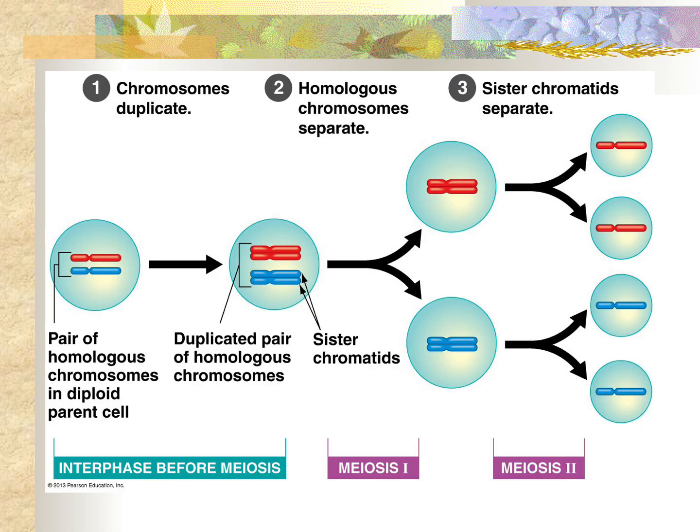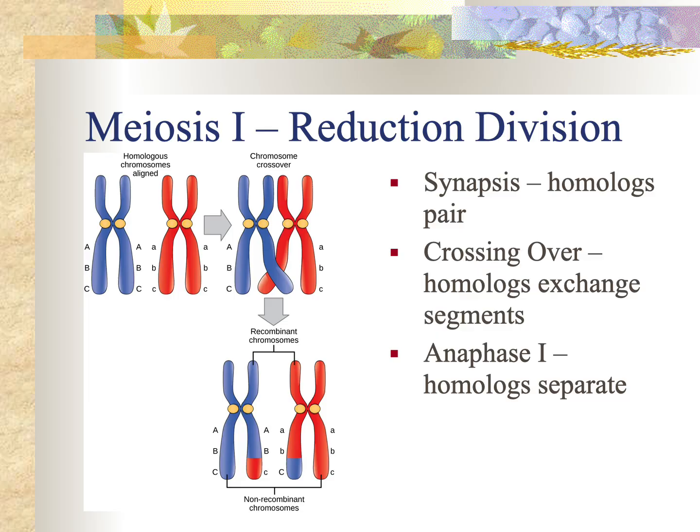So here this cell had 2 chromosomes. Here we have 2 duplicated chromosomes. Here we have 1 duplicated chromosome. And here we have 1 unduplicated chromosome in each one of these final cells. That is the result. Something special happens when these duplicated chromosomes pair up, in meiosis 1. This is called synapsis, where parts of the chromosomes overlie one another, and they exchange segments so that the chromosome becomes a composite.